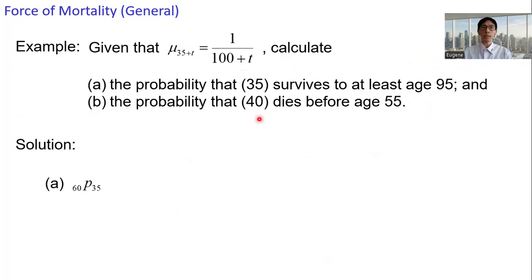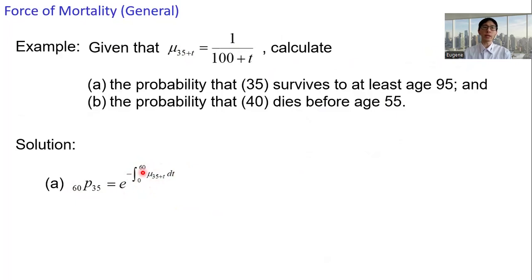All right, in part A, we need to find the value for 60p35. Make use of this relationship, e to the power of the negative of the integral of mu 35 plus t from t equals 0 to t equals 60.